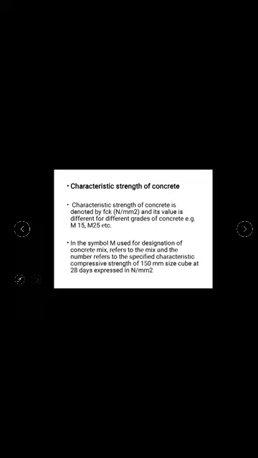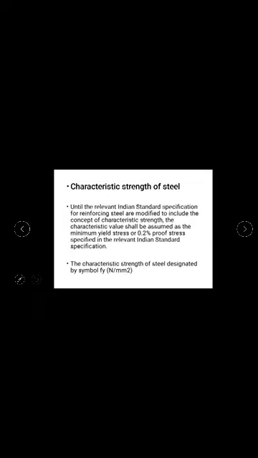We have studied these cube tests in the previous lecture, where we discussed the tests on dry concrete. There you can see what this 28 days strength and this 150 mm size cube are. And then you have characteristic strength of steel.